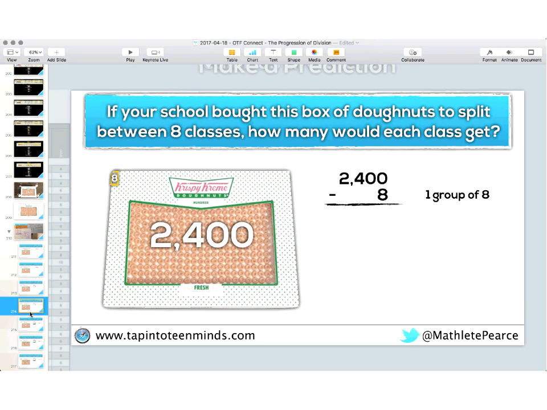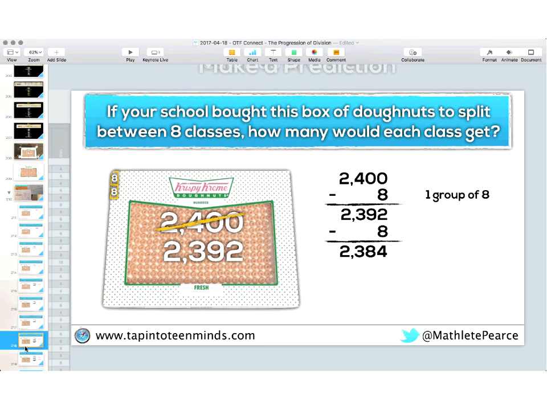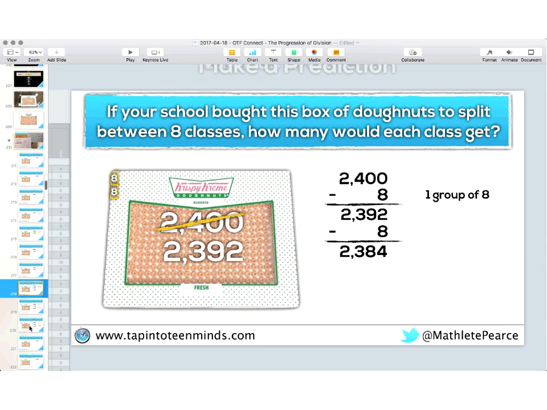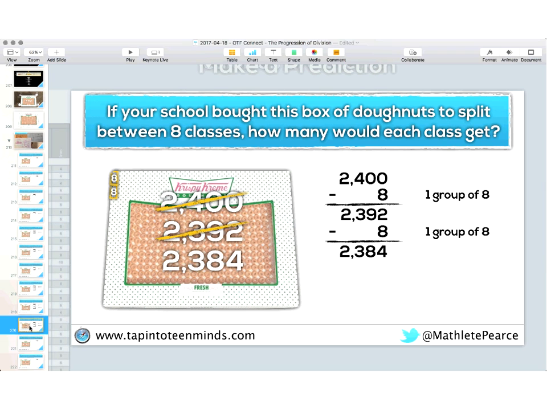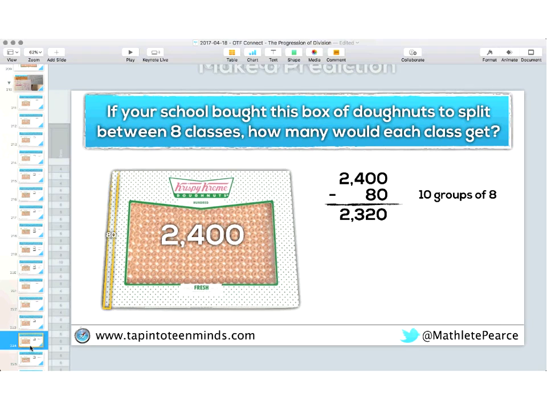So basically take a group of 8 donuts out of the box, give 1 to each class. So I fair share 1 donut for each class. That's 1 group of 8 that's been moved out of the box. Some say 8 groups of 1. It really doesn't matter. It depends on the context of how you think about it. And I could do this over and over again, but man, is it going to take me a long time to get to the end, right?